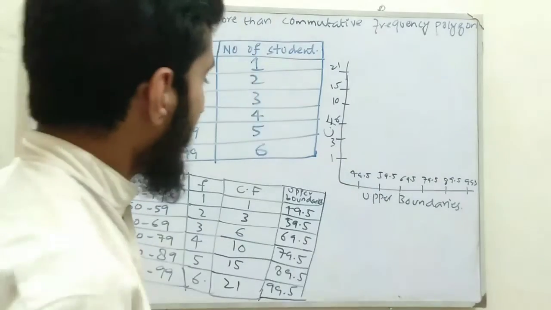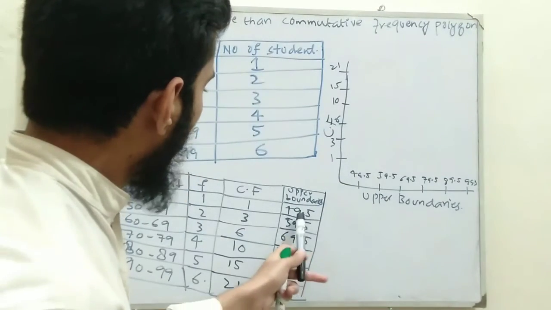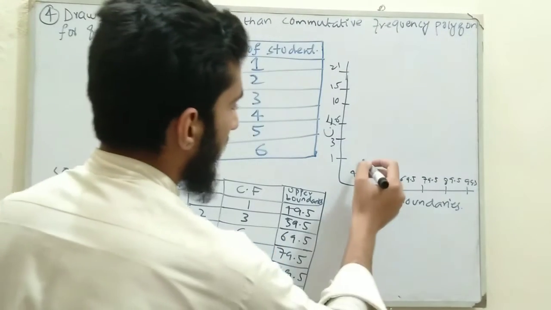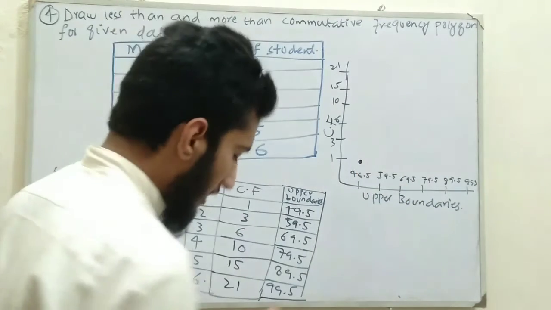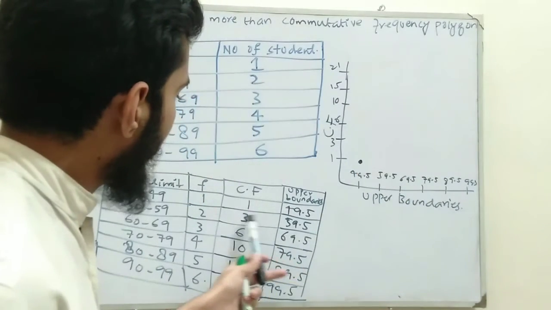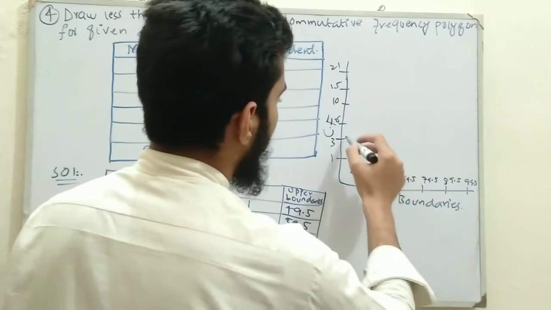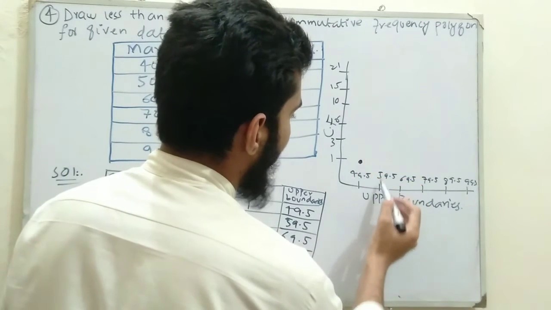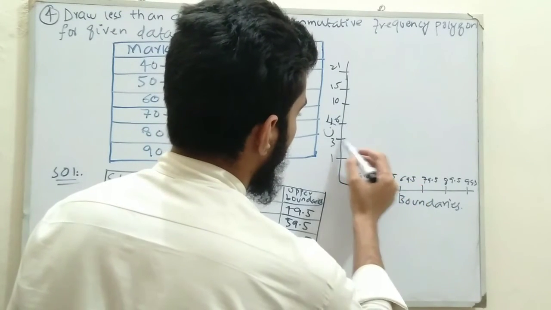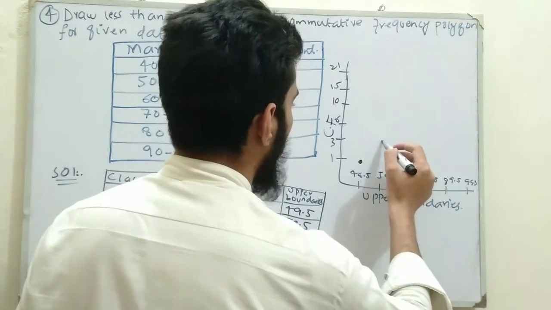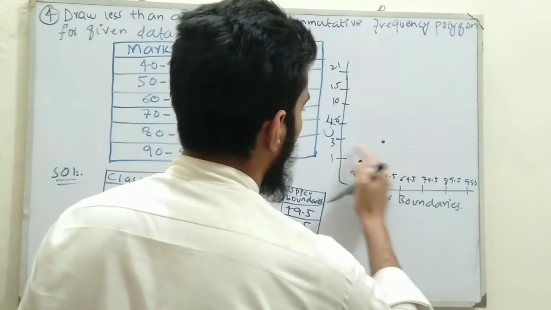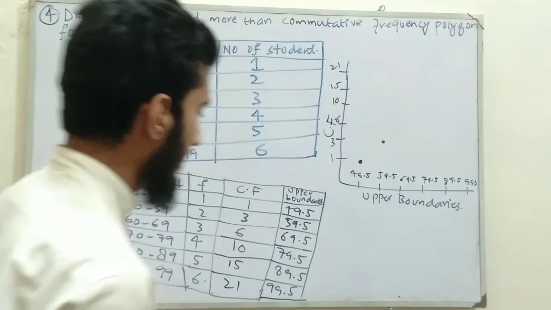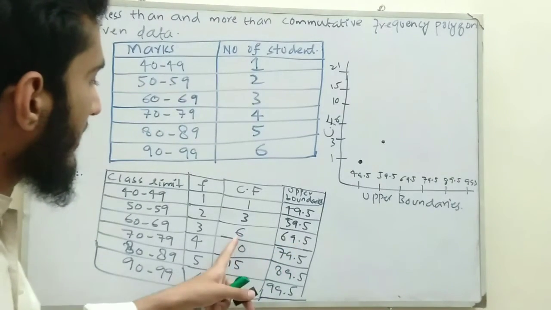So now in front of 49.5 we have cumulative frequency 1. So here we will put a point. After this, in front of 59.5 we have 3. Here is 59.5 along the x-axis, and along the y-axis 3 is here. So the point will be over here. And here 69.5, in front is 6.